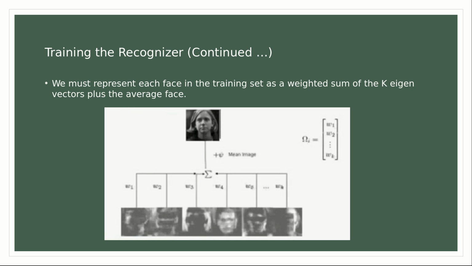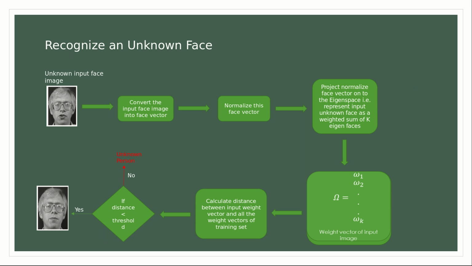The second eigenface contributes W2% to the top image. By doing that, we create a weight matrix, where all the weights are stored for each face image. So we create a weight vector for each face image, as we can see from the picture.